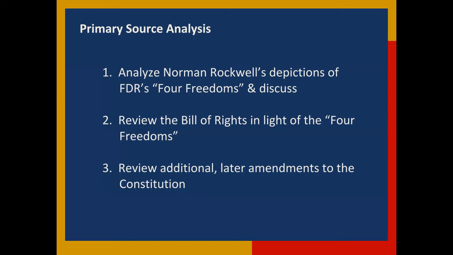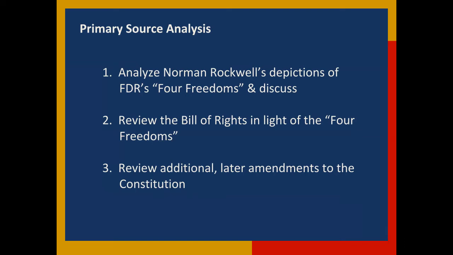So I'm going to just introduce you to the primary source analysis before I turn it over to Julie. And you see there's 3 elements of it here. First, students are going to analyze Norman Rockwell's depictions of FDR's 4 freedoms, and they're going to discuss that. Then they're going to review the Bill of Rights in light of those 4 freedoms.